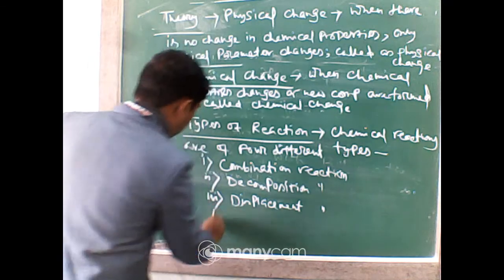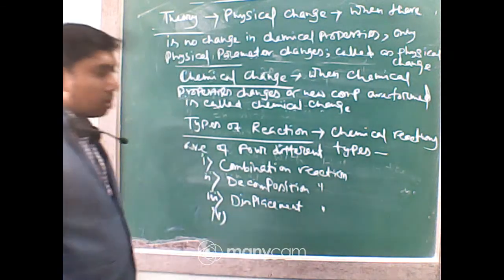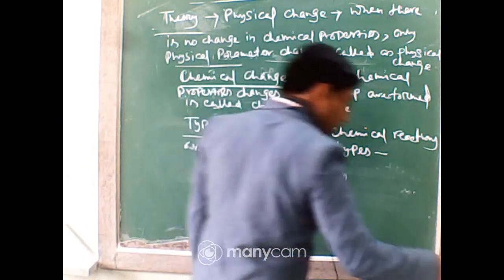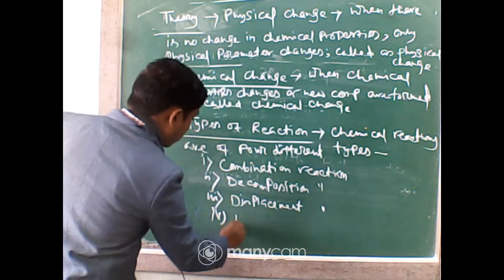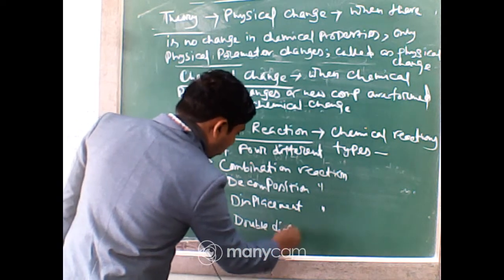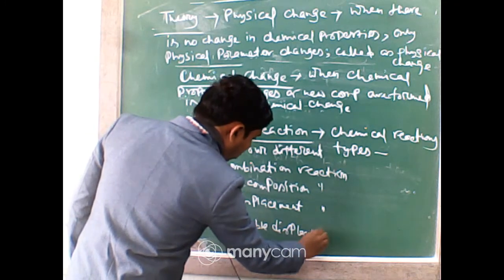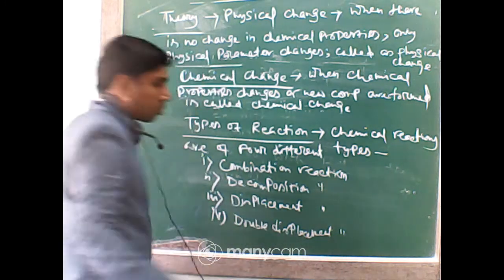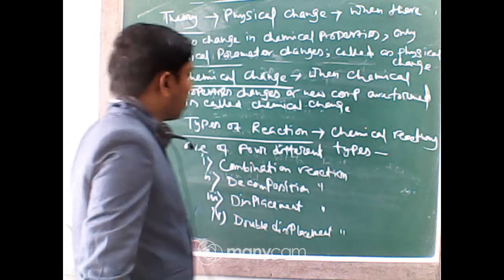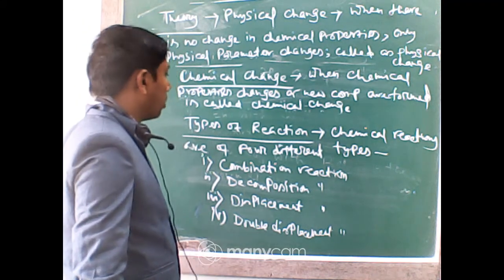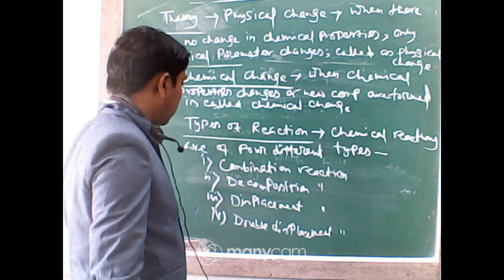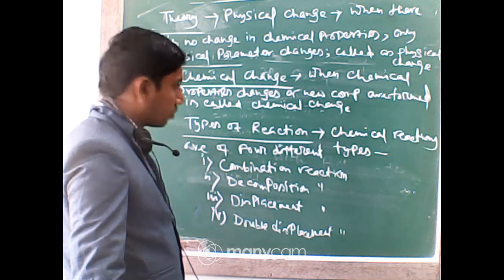And number 4 is double displacement reaction. Types of reaction, that is chemical reactions are of 4 different types: combination, decomposition, displacement, double displacement. Okay.